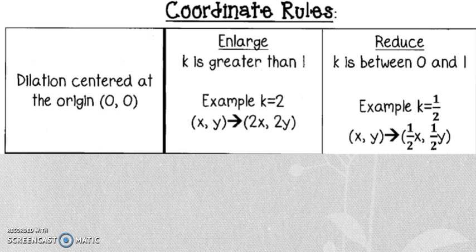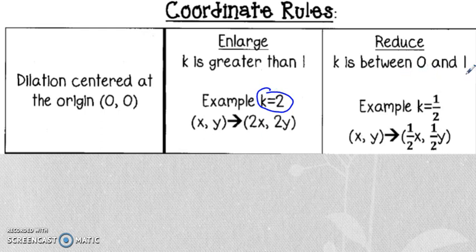The K, which is the scale factor, in this example will be larger, the shape will be larger, if K is greater than 1. So anytime K is bigger than 1, the image will be bigger than the pre-image.